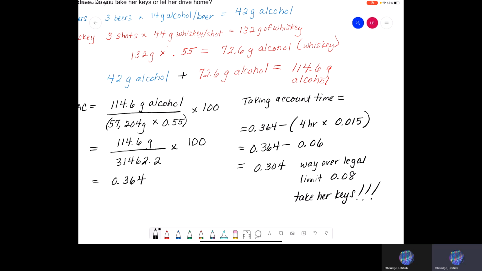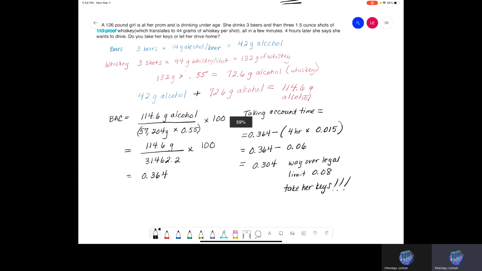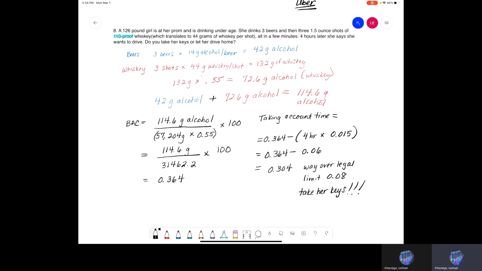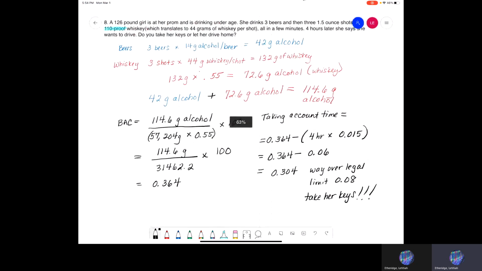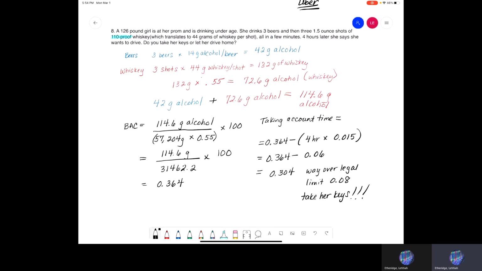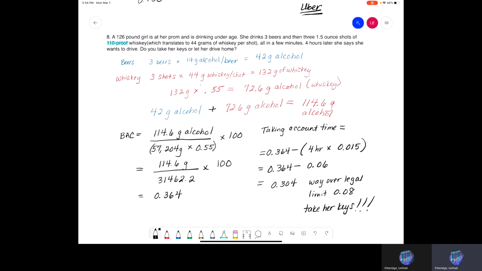Okay. Hopefully that was helpful, gave you an idea of how to calculate the BAC if somebody has had multiple different types of beverages. All right, the rest is up to you. So the rest of your worksheet you will complete.